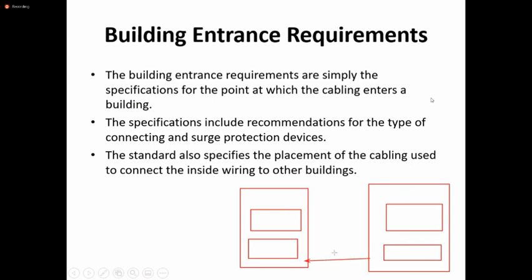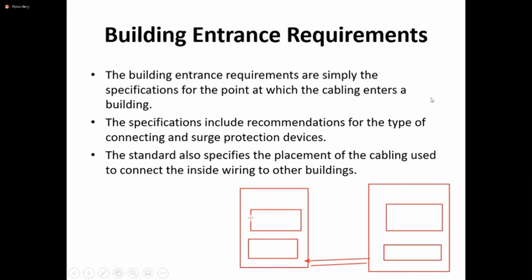Not only lightning, but externally, let's say there's a power line going near here. So that will affect this network wiring also, right? So things like that. So there are standards for how it should enter, and specifies placement of cabling used to connect the inside wiring to other buildings.